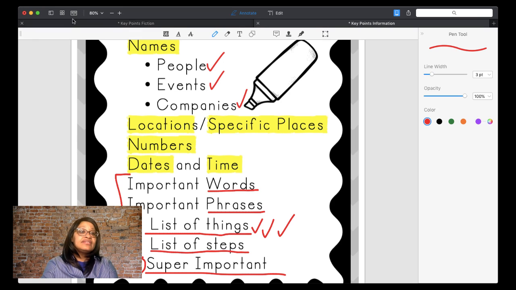So this is pretty much letting you see how I use key points with my students, and I find it to be very effective. We do it with pencil and paper first, and then we transfer it over to the digital media.